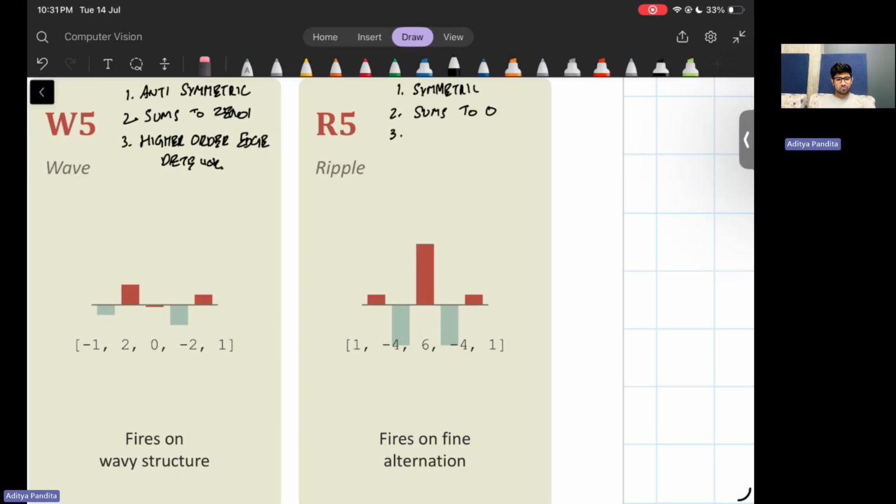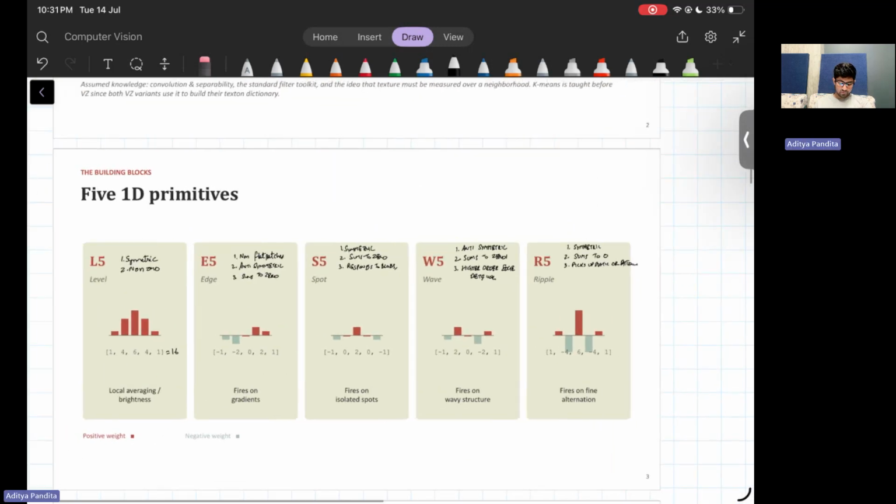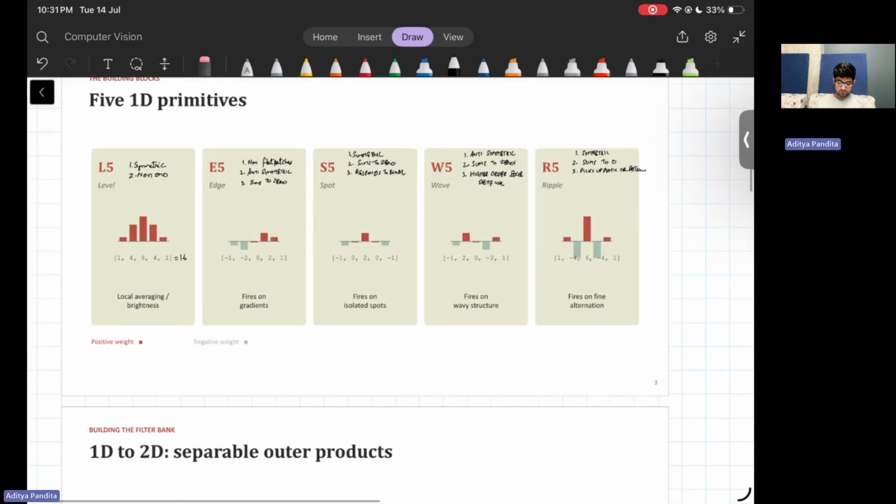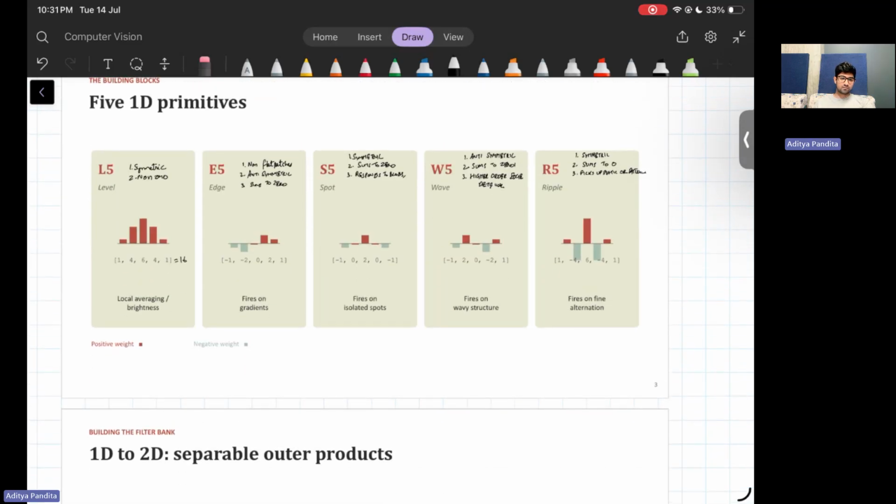It picks up rapid pixel-to-pixel alternation, like some kind of patterns or static. So these are our five 1D primitive kernels, which we are going to use as the baseline for our filters.